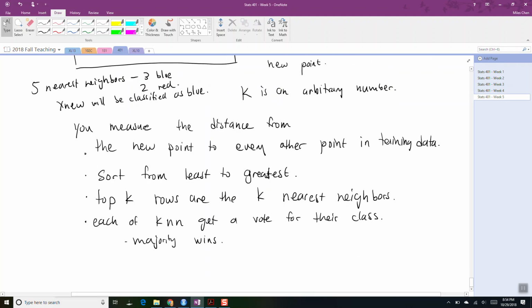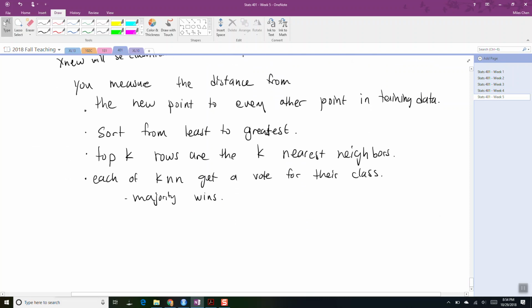In some circumstances, you might have a tie, and then you'll need something like a tiebreaker. Generally, your one nearest neighbor will break a tie. There's a common strategy, and I don't want to say this is the only way to go: a common strategy is to use the nearest neighbor as a tiebreaker.